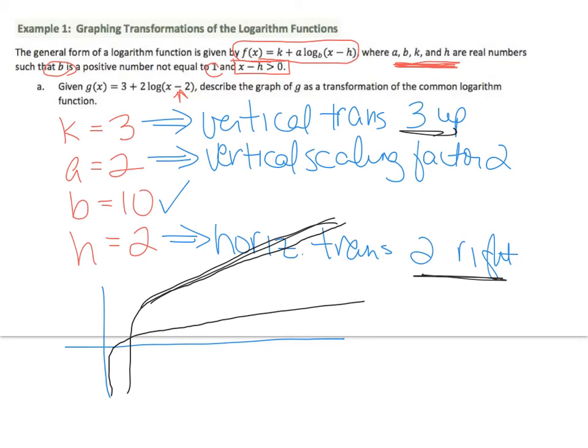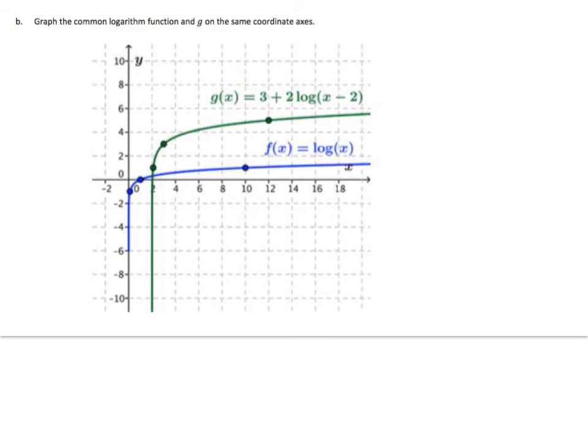But don't trust my drawing. Let's put the actual graph up. Looks just like mine, doesn't it? So this is what it would look like if you threw it into Desmos or on your calculator. So I went over 2, up 3, and a vertical scale of 2. Awesome.